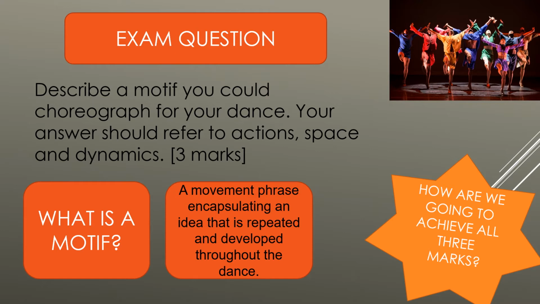And a way to check this is if you read it back to yourself, like you don't know what you're talking about, would you be able to actually practically dance this dance? If the answer is no, it's not clear enough, it's not sequential. So it's almost like instructions to another dancer to perform this short phrase of movement. And of course, you have to refer to actions, space, and dynamics.